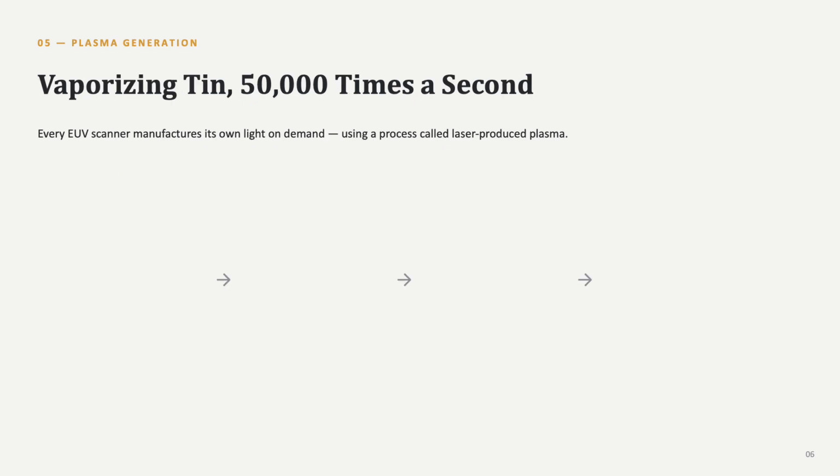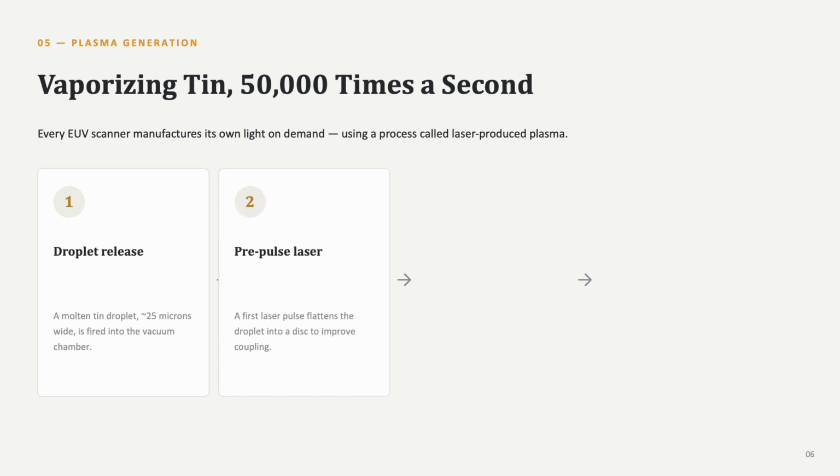Now let's talk about the light source. Every EUV scanner manufactures its own light using a process called laser-produced plasma. A molten tin droplet about 25 micrometer is fired into the vacuum chamber. A laser pulse is sent to flatten the droplet into a disc to improve coupling.